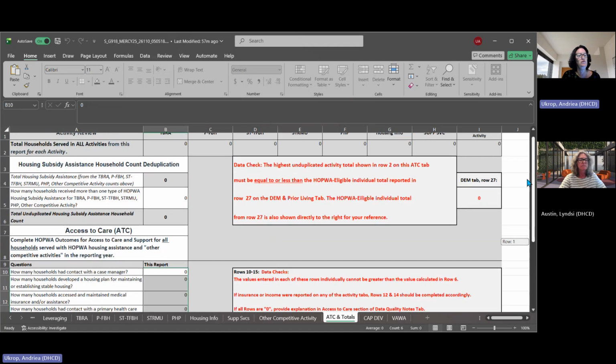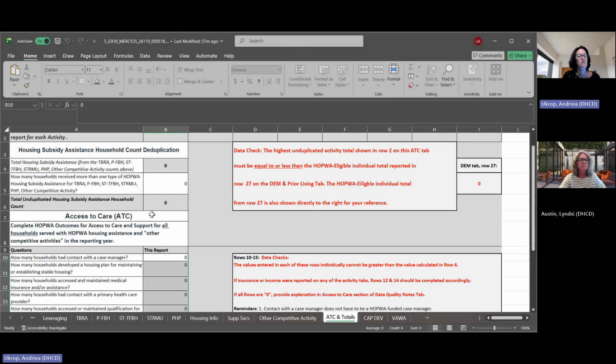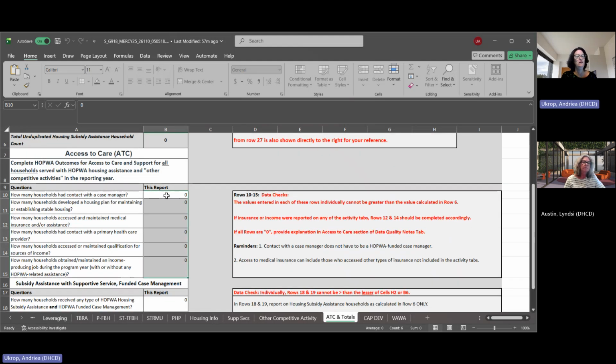So when you are looking at those who received an unduplicated housing subsidy, those reported here, 10 through 15, cannot be greater than that number.